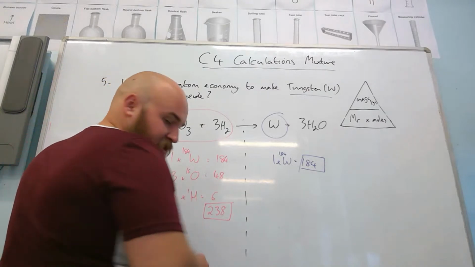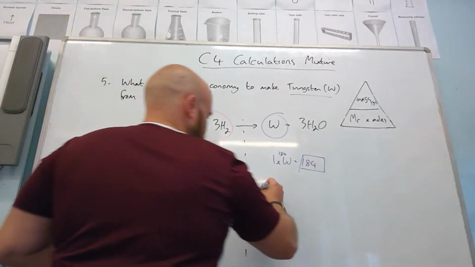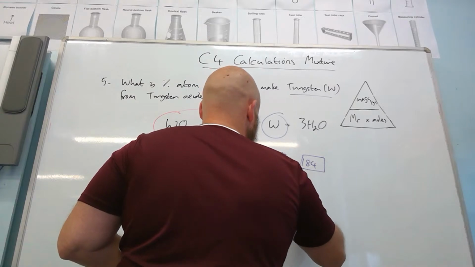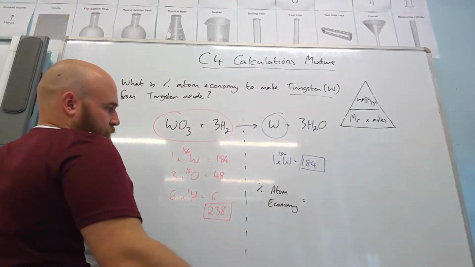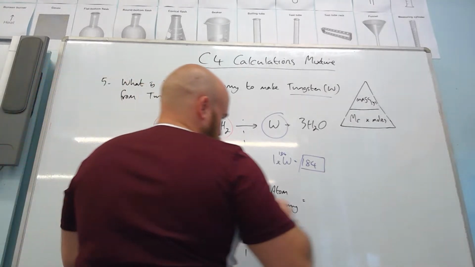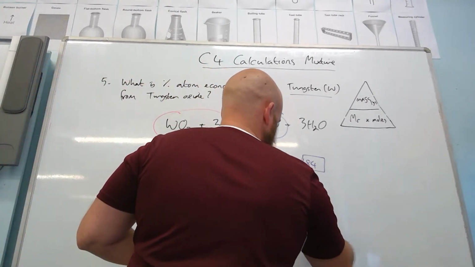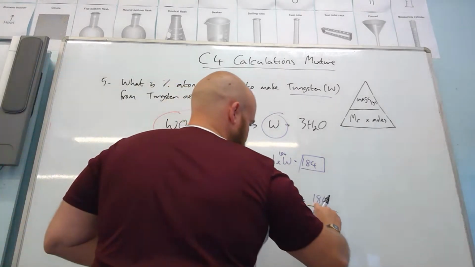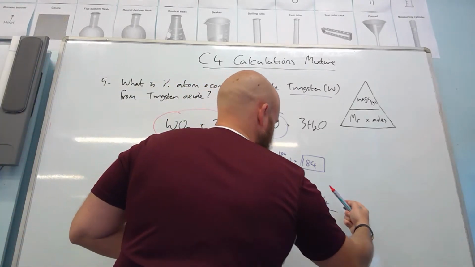So percentage atom economy equals purple box, 184, divided by red box, 238, times 100.